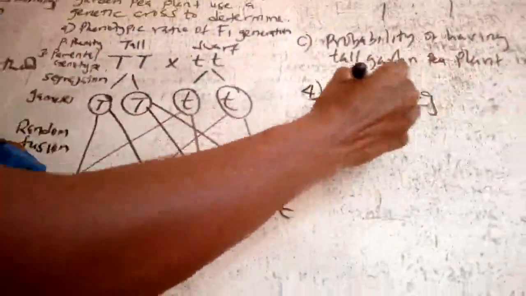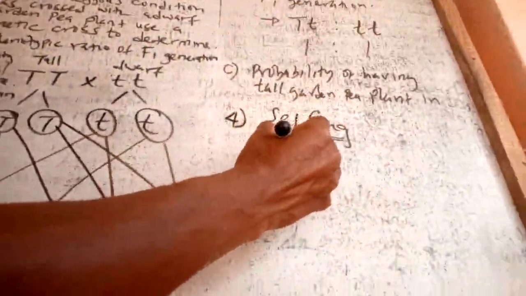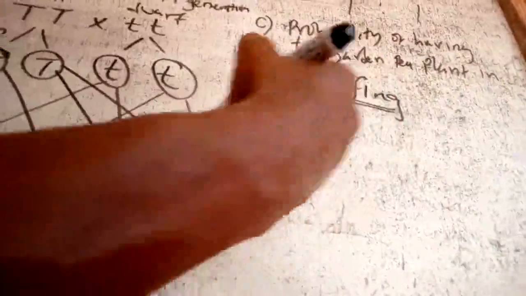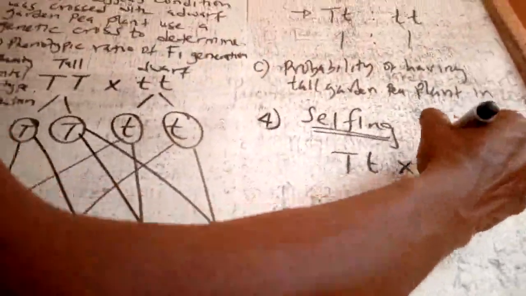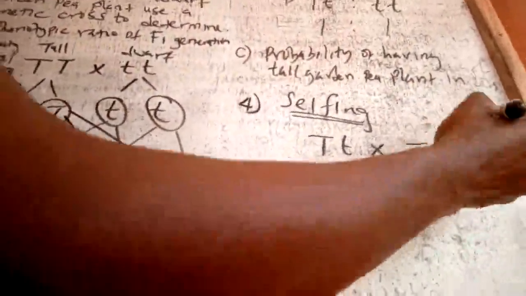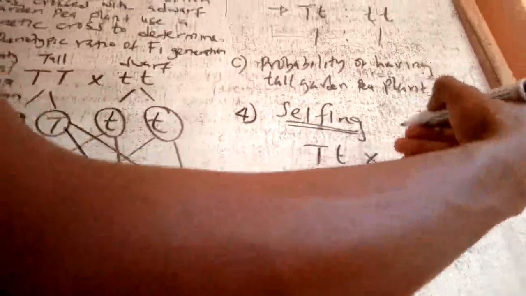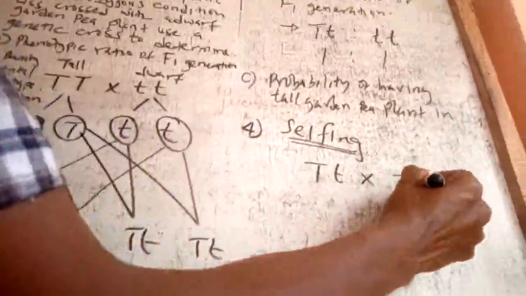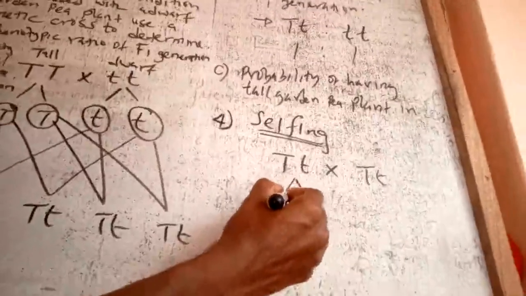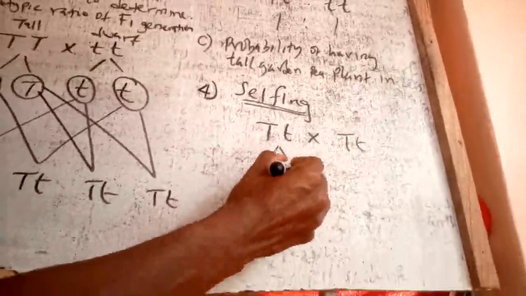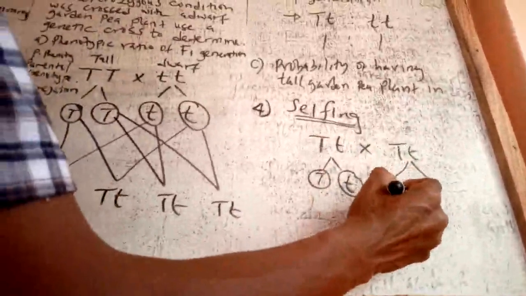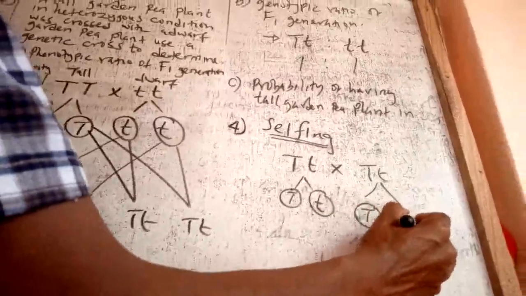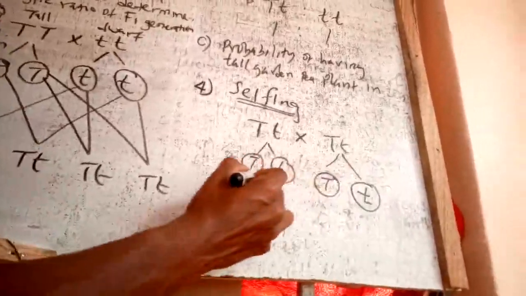As far as selfing is concerned, he took the F1 generation and self-pollinated them with its own pollen grain, that is the same. Let me come up with the genetic cross first, then we make his conclusion according to him, and you will find that is what we are going to get.